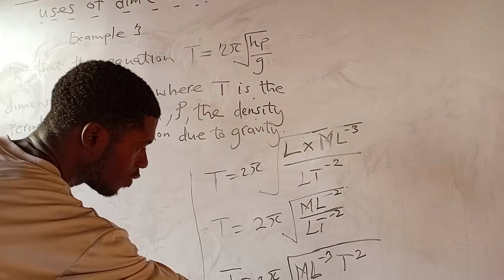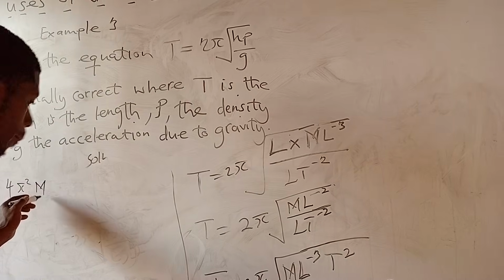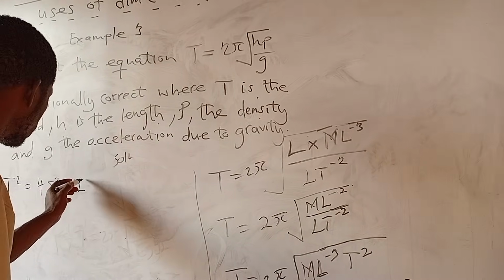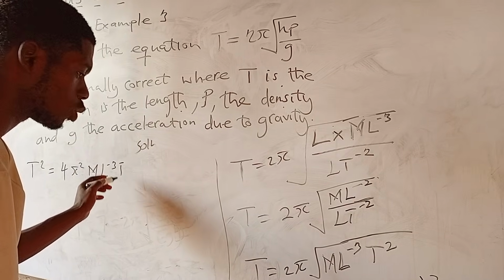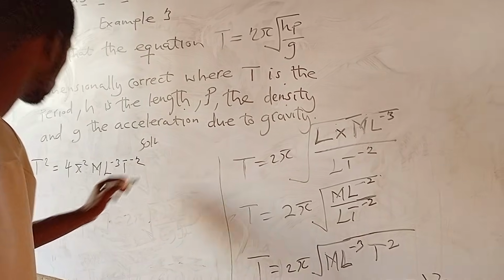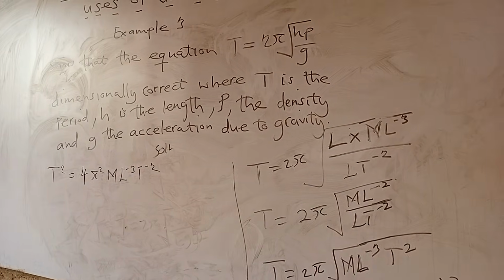The square removes the bracket, so you get M L^-3 T^-2. Yes, so this is the final answer.